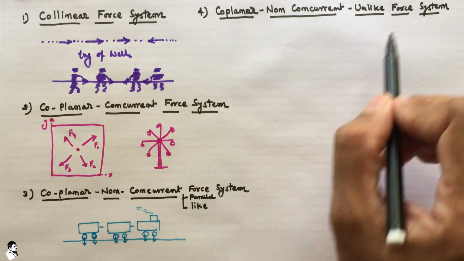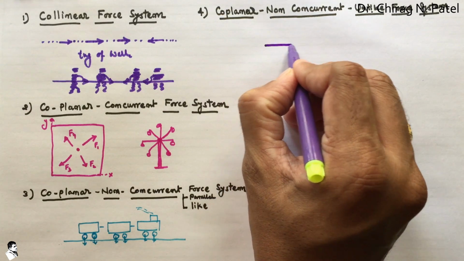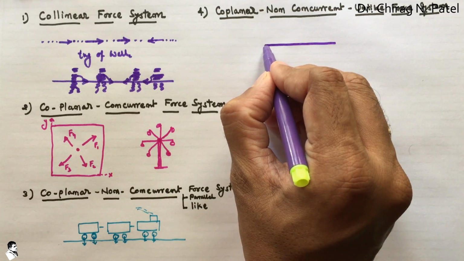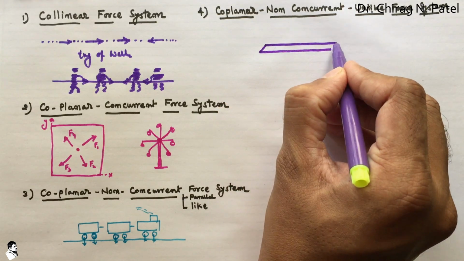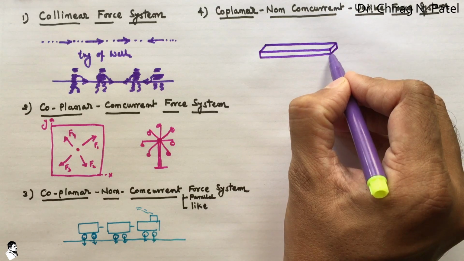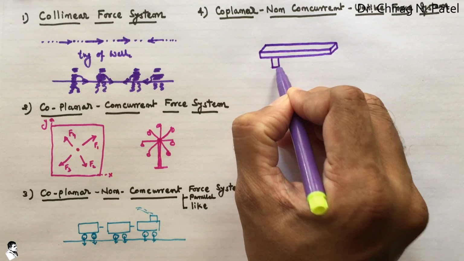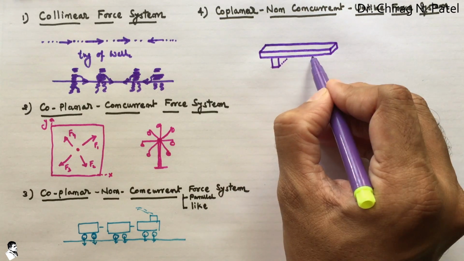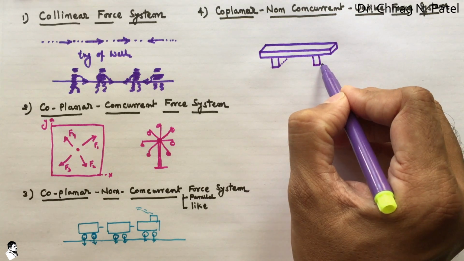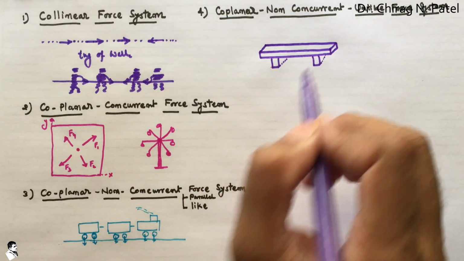Now here, if we see the coplanar non-concurrent unlike force system, in this system, if we take an example of a simple beam, or we can say this is a particular structure made to seat people.